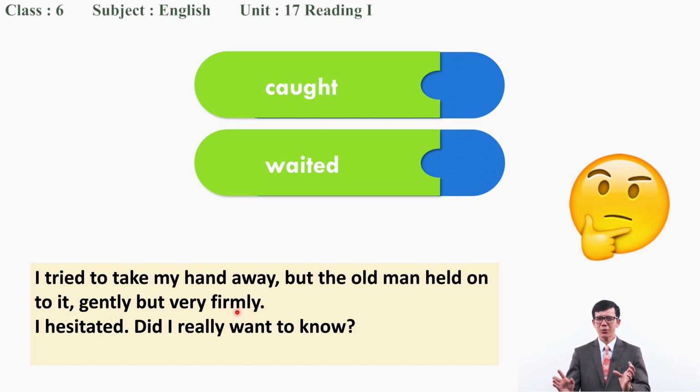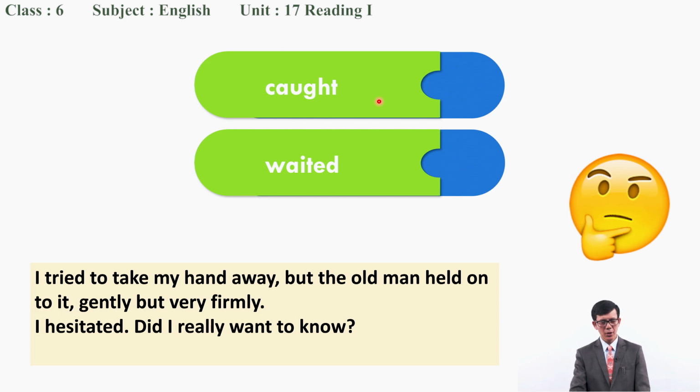Did you guess? The old man held on to it means what do you think? I hesitated. Did I really want to know? Can you find the similar meanings in these two sentences in the story? So, what does caught mean there?